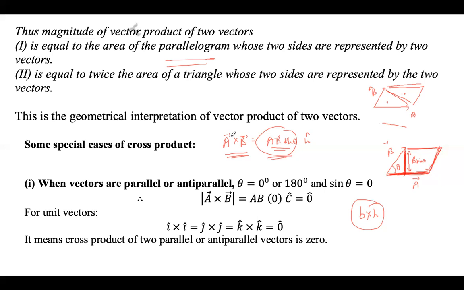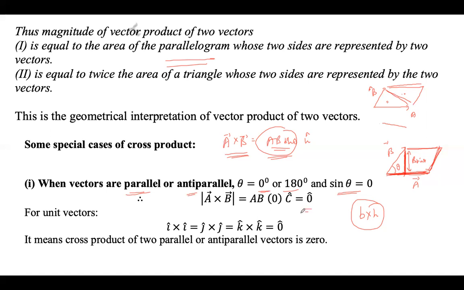So, some special cases of cross product. When vectors are parallel or anti-parallel, theta is 0 degrees or 180 degrees, so sine theta will be equal to 0. Because sine theta is 0, the vector product is also equal to 0.